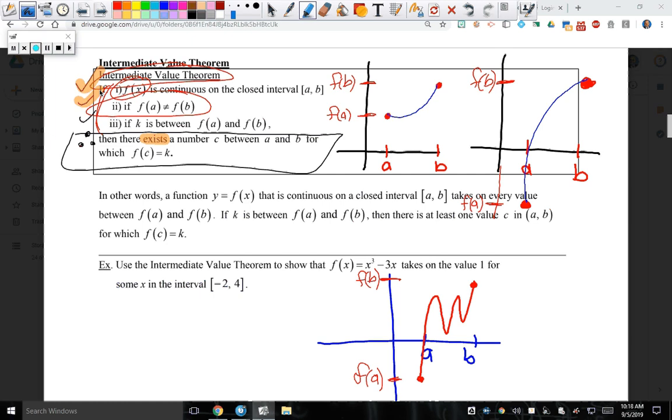So here we go. K, let's do this in purple, is going to be somewhere in between. Notice how I have open dots? Let me make that a little bit clearer. Alright, let's do it like this. K cannot be f of B, K cannot be f of A, but it has to be somewhere in between.